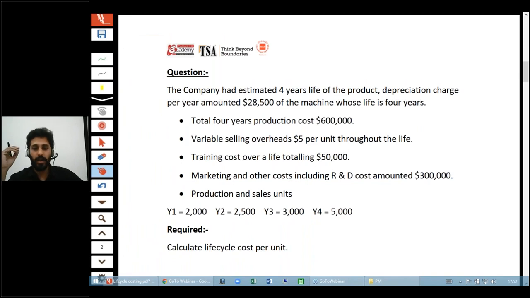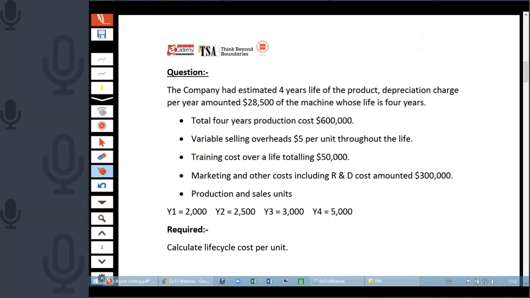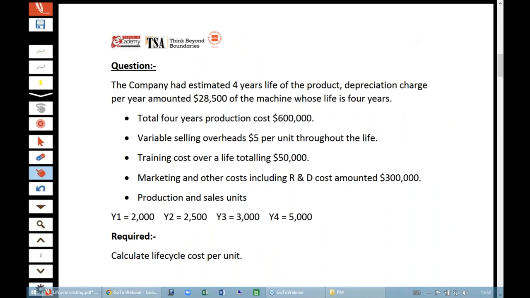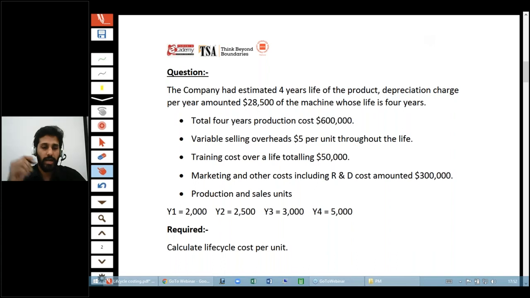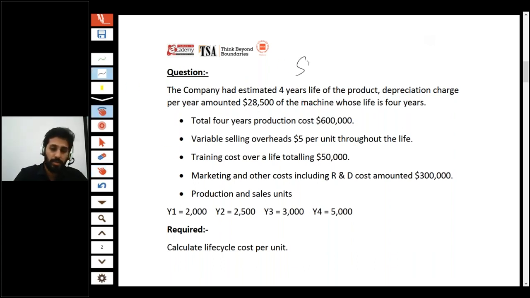All right, students, it quite may be possible that you have read this question. I'm giving you a 1 minute window. Can you please solve this question?